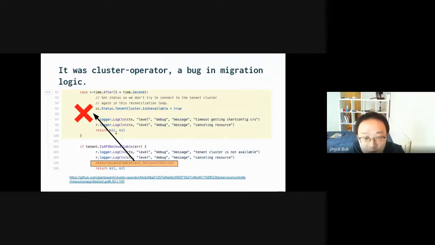But we actually forgot to wrap it correctly at line number 96. So whenever the timeout came out, we returned nothing, and it resulted in the cluster operator determining to delete all the FCRs inside.